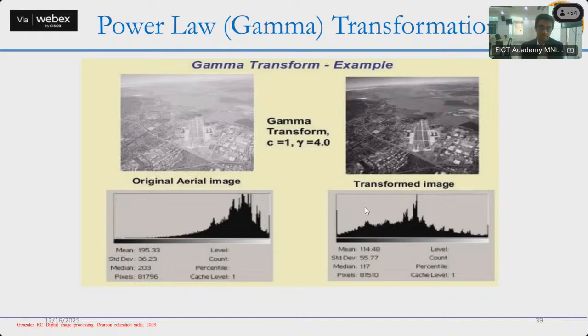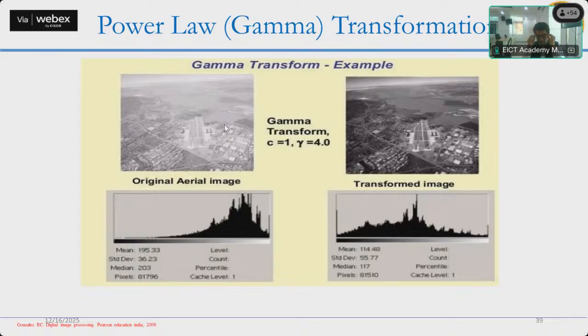So we take another example of gamma transform. See, for example, the original aerial image is given. Somebody has taken the image from a big height. Now the question arises: a lot of things are there, but maybe it was a sunny day and you are not able to observe them.